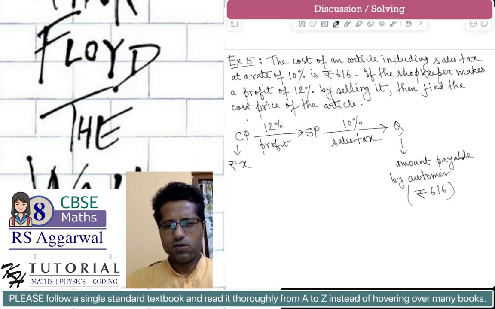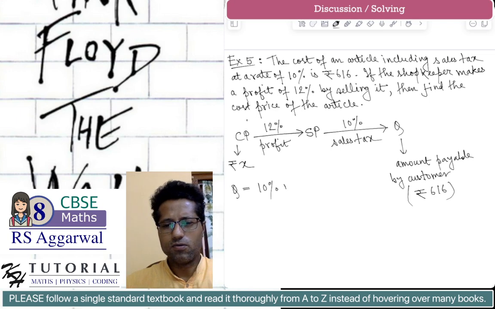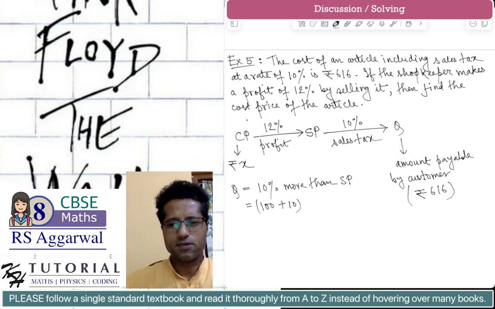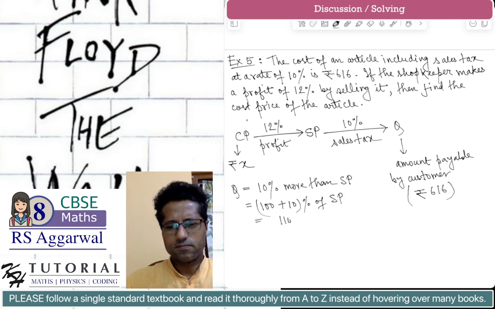So we know that Q will be 10% more than the selling price, since the sales tax is added to the selling price. 10% more means 100 plus 10, which is 110% of SP.